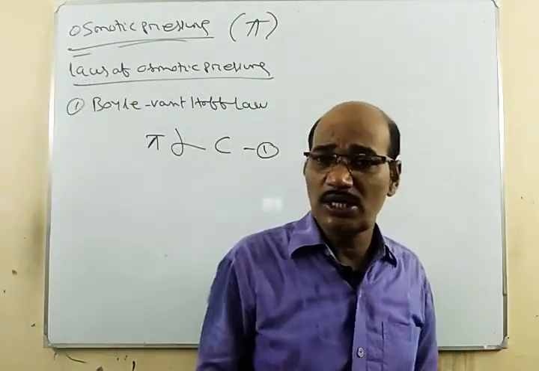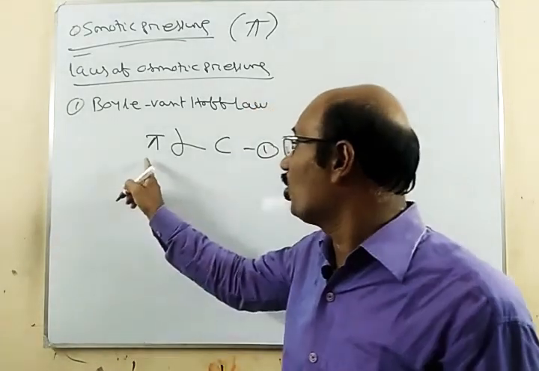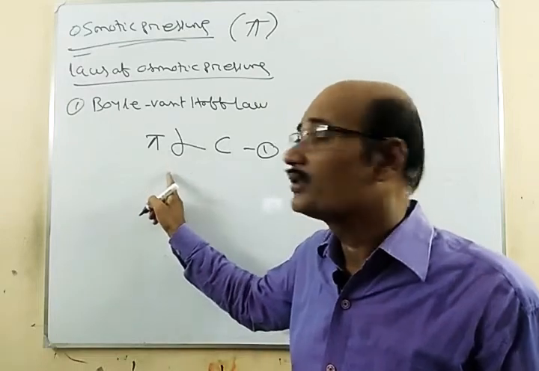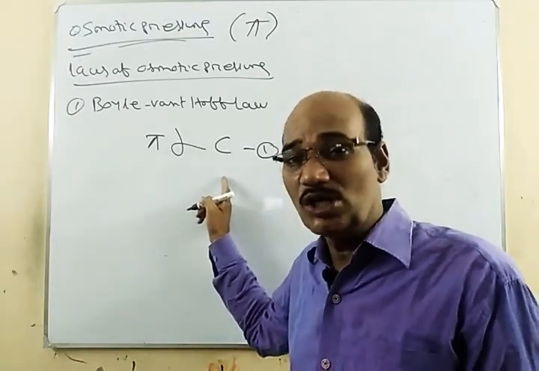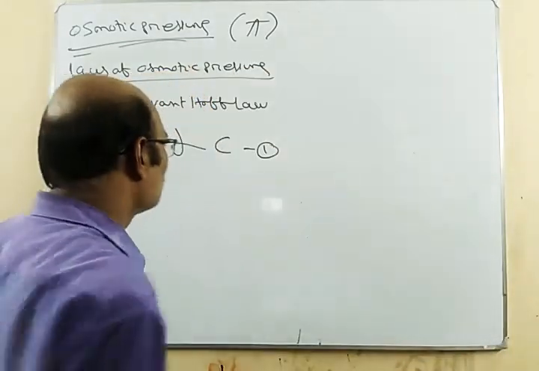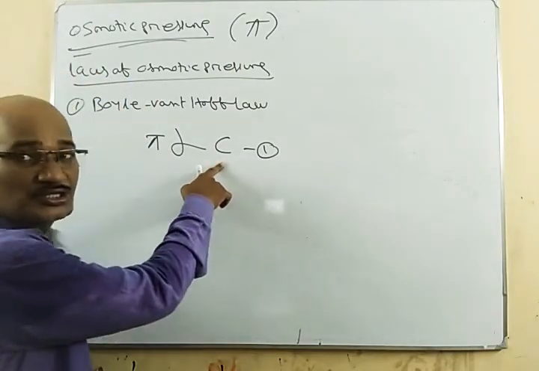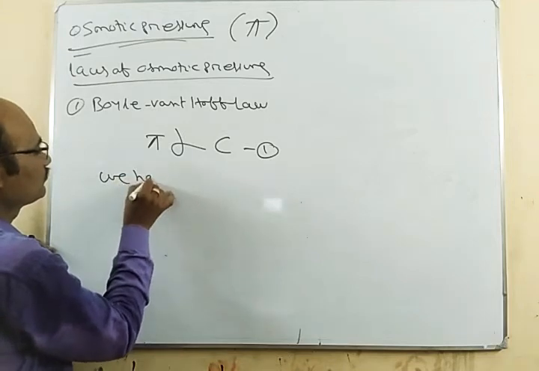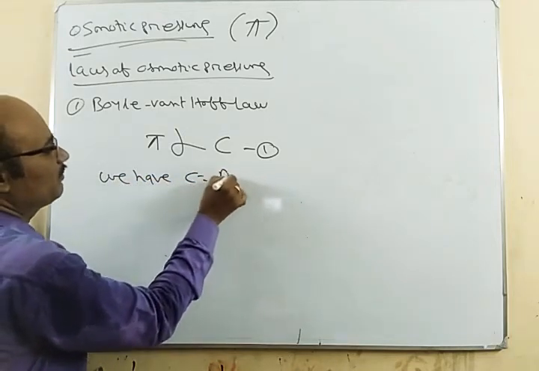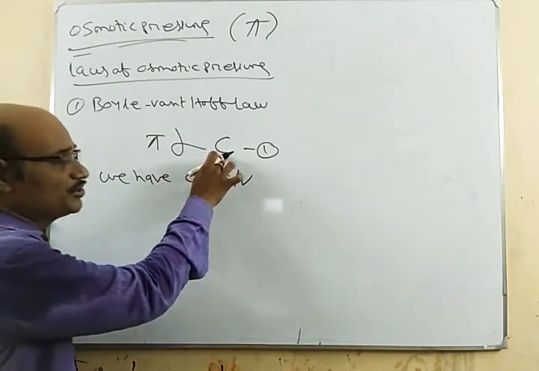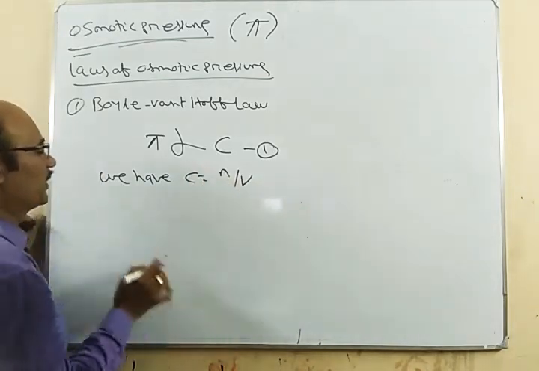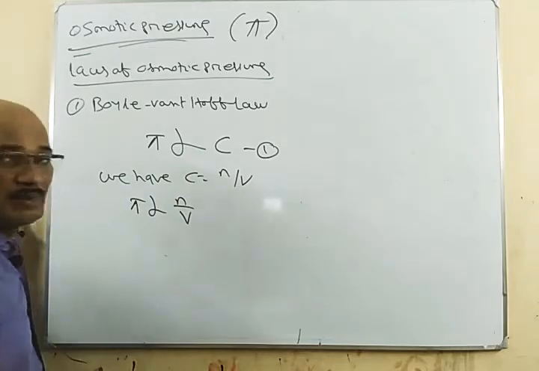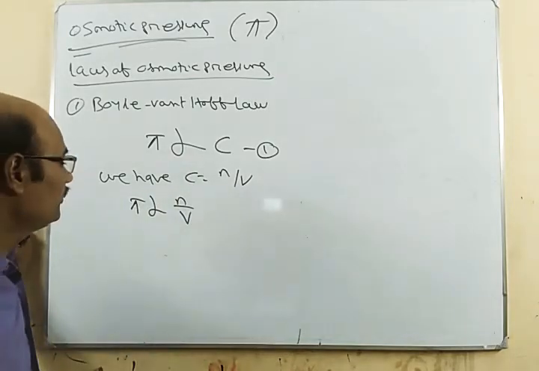Okay, so see what your concentration is here. Now we have C equal to n by V, concentration equal to number of moles per liter. What I can write? Pi proportional to n by V.